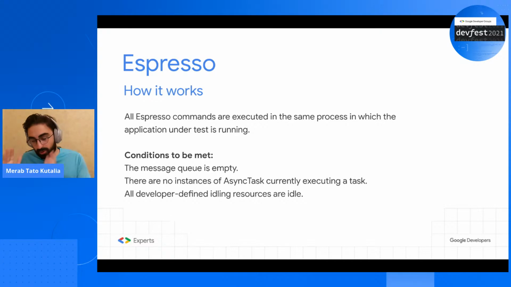But the problem is that most of the developers don't use async tasks. They use coroutines, RxJava, and so on. So in that case, you need to provide some kind of signaling to Espresso that hey, I'm not running the long running operation anymore, and you can start.